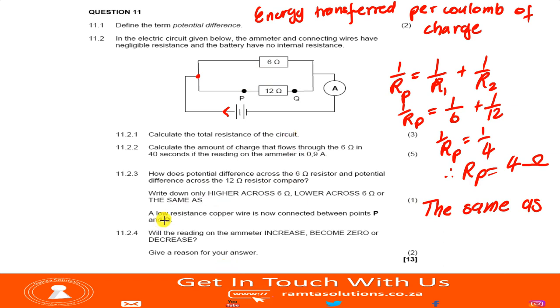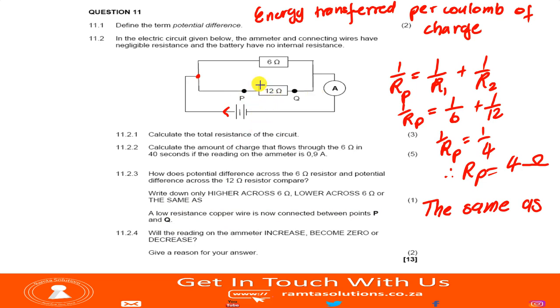Now, a low resistance copper wire is now connected between points P and Q. Oh, this is interesting. So it means the current that's flowing here basically will be high.